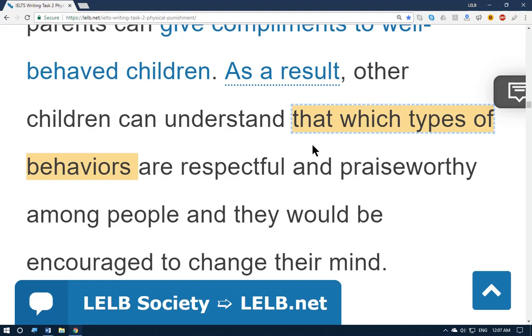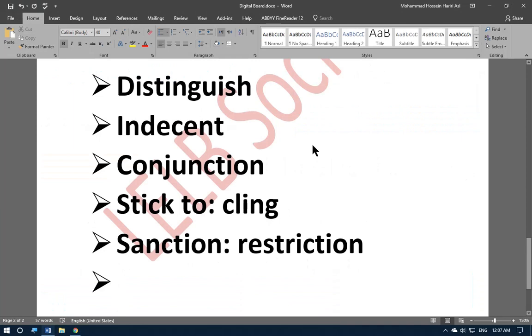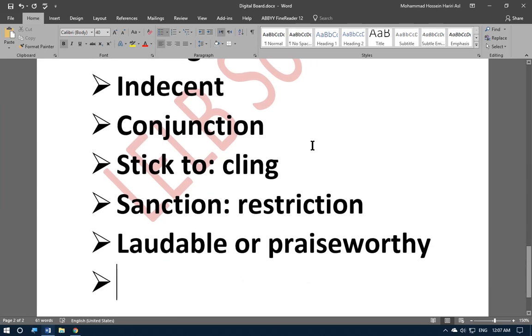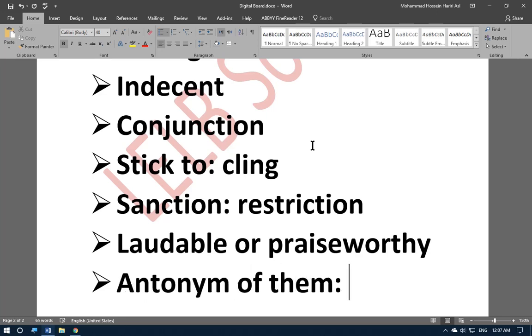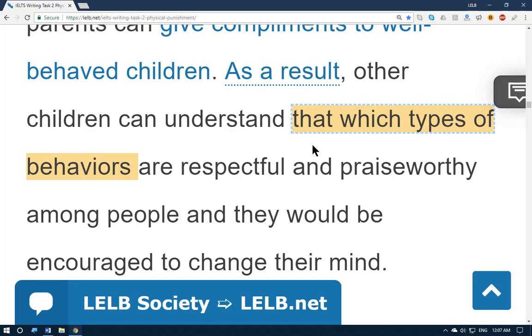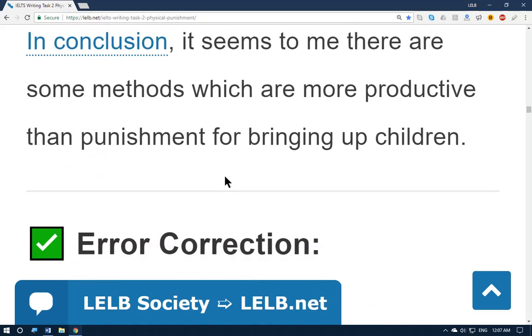So which types of behavior are respectful and praiseworthy, means laudable or praiseworthy, and pay attention that the exact antonym of them is reprehensible. Reprehensible means blameworthy. Okay. And the conclusion.